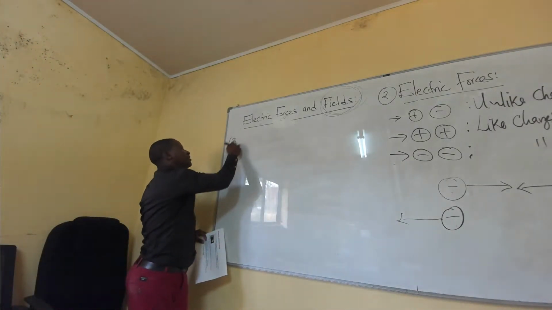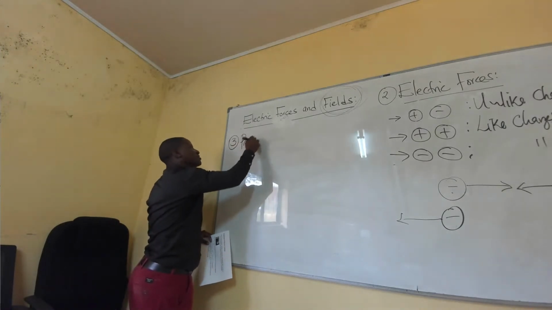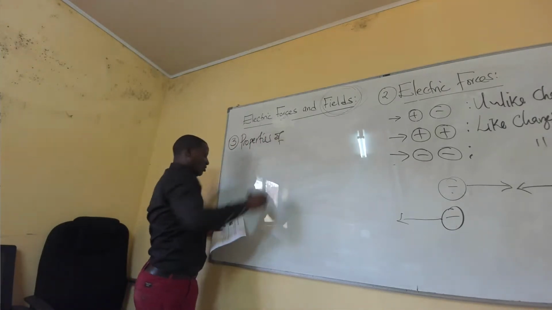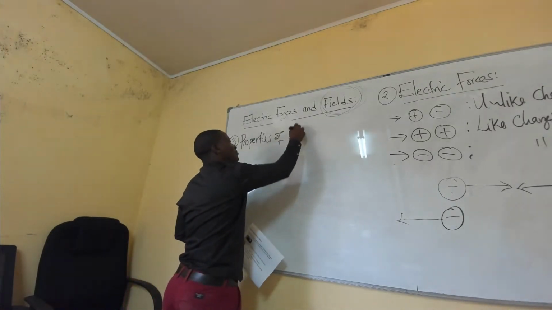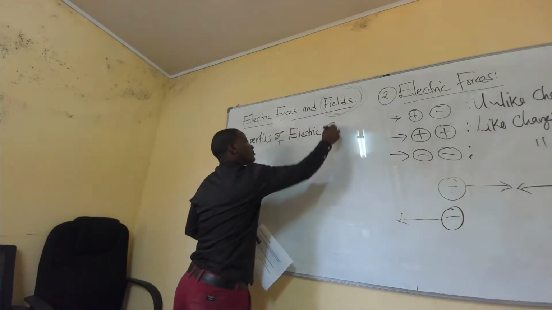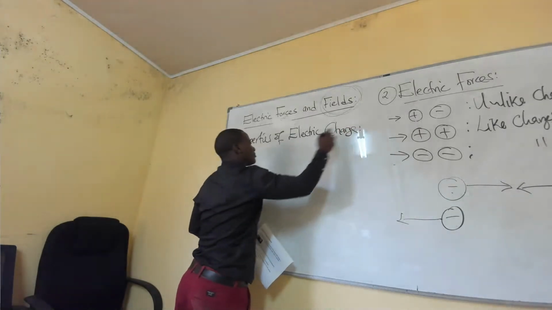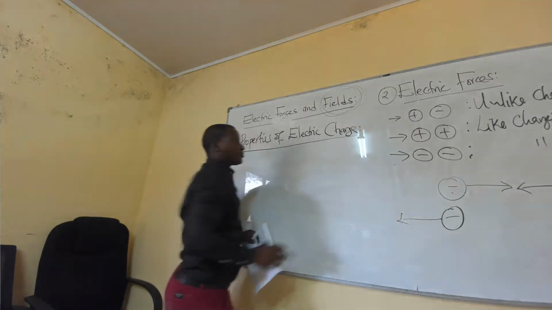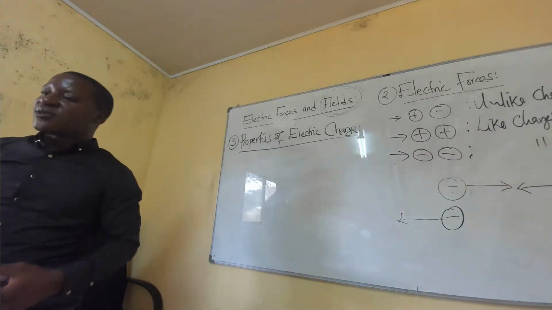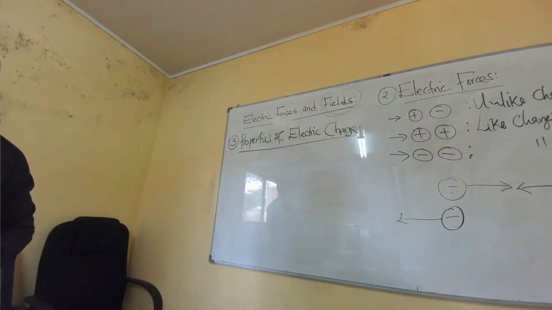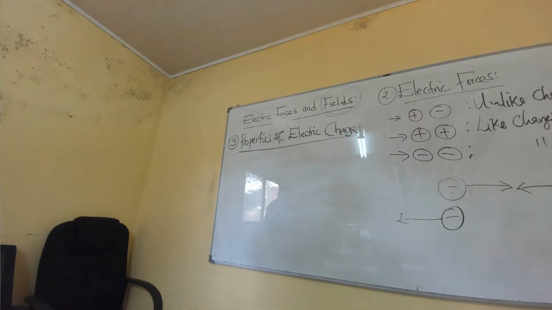So that is our number 3. So, properties of electric charge. All right. So the first thing that we need to state here is that these electric forces, which are created by electric charge, in the end, they create electric fields.